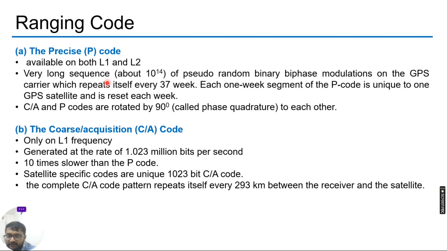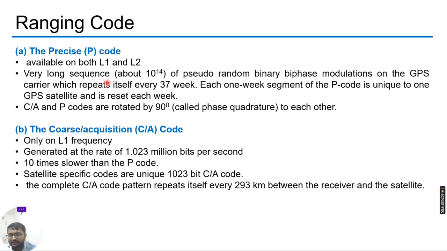Then the C/A code is available with the L1 frequency only, whereas the earlier code was available for both L1 and L2. It is generated at the rate of 1.023 million bits per second, and it is 10 times slower than the P code.